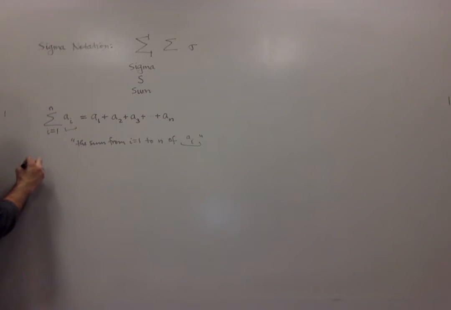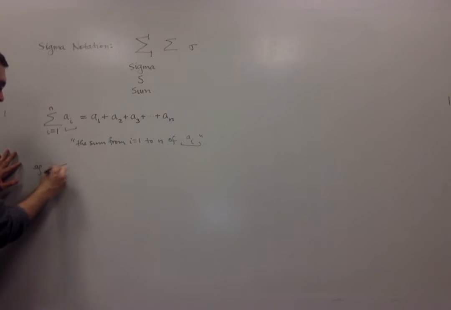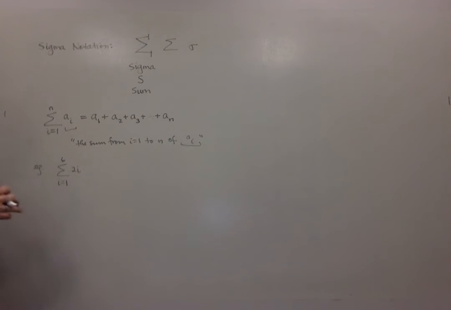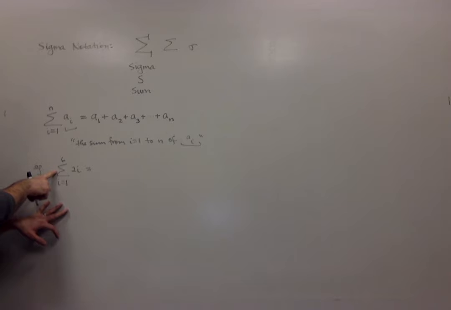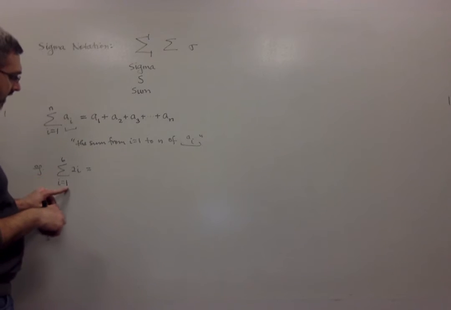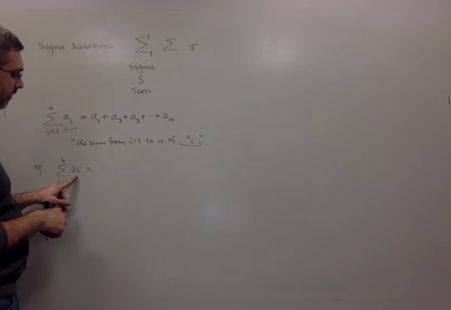Let's try a couple of examples here. Okay? Let's do the sum, i equals 1 to 6 of 2i. The way this works is it's going to be a sum, and I'm going to start with i equals 1, so I'm going to go into this formula, and everywhere there's an i, I'm going to put a 1.